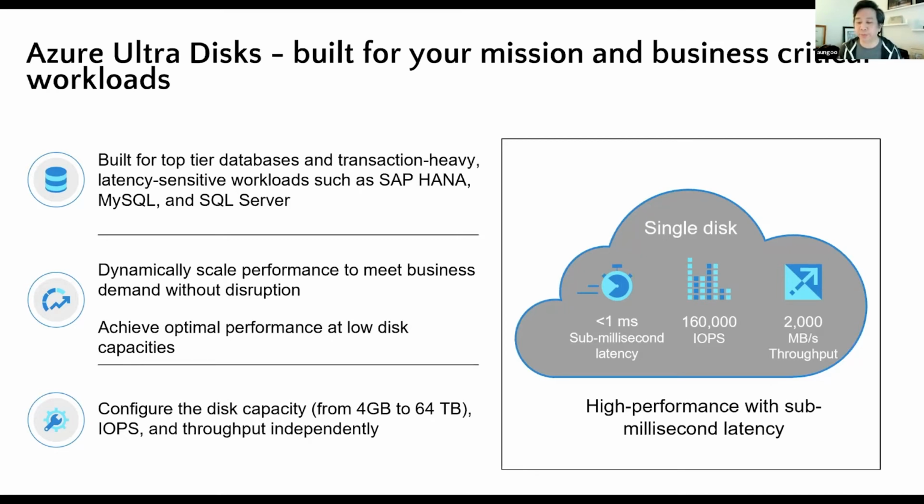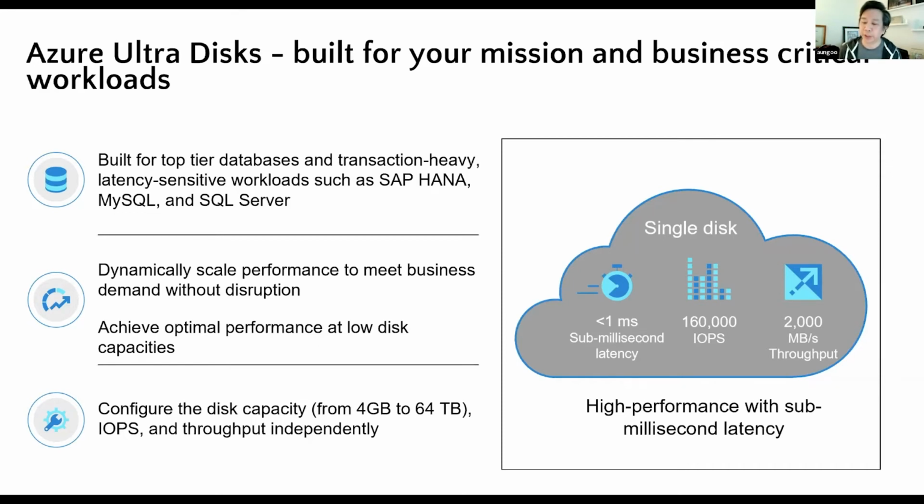UltraDisk is designed to enable our customers to migrate their most demanding enterprise workloads to cloud, especially applications like SAP HANA, top-tier SQL, NoSQL databases, and other transaction-heavy workloads. In addition to delivering high performance, UltraDisk also offers unique capabilities that provide customers flexibility and scalability.